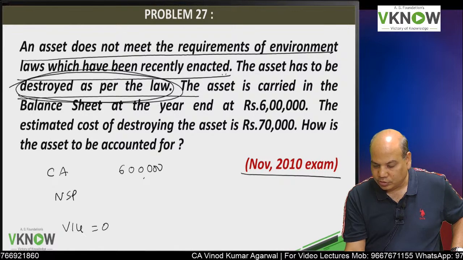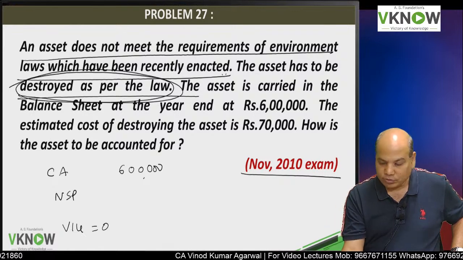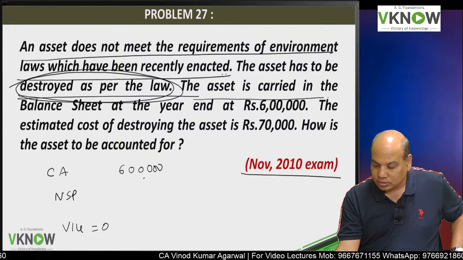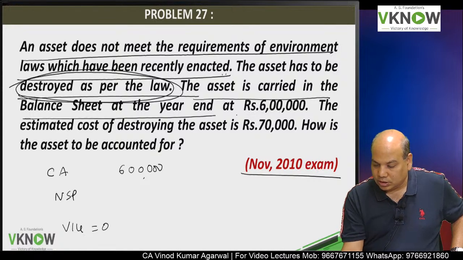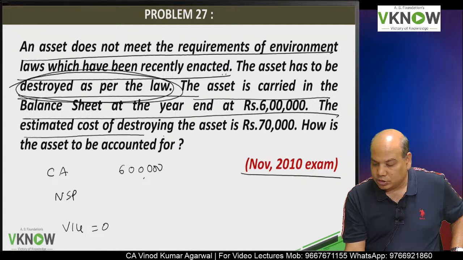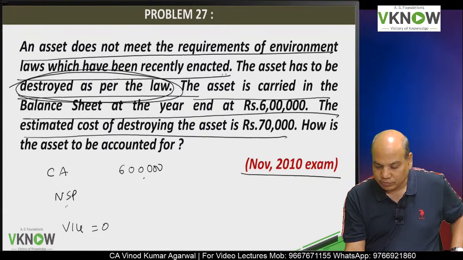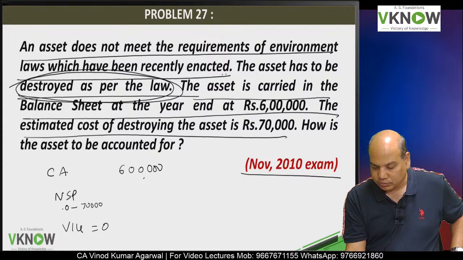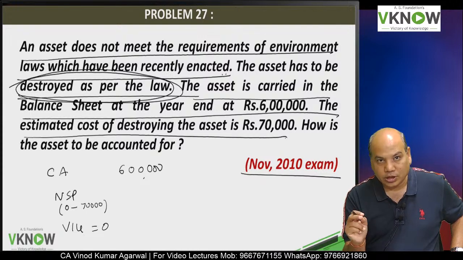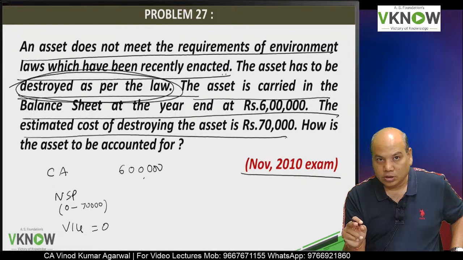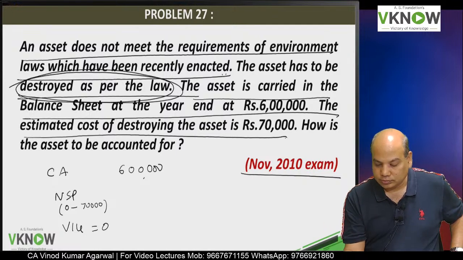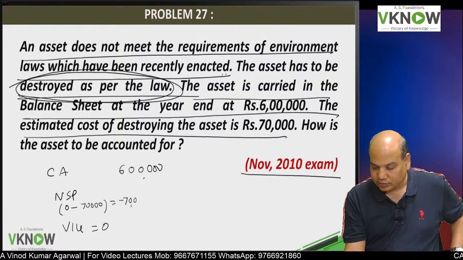Value in use will be 0, you are not going to use it, but the estimated cost of destroying the asset is 60,000. So net selling price will be 0 minus 70,000. You will not be able to sell it, but you have to incur a destroying cost, a disposal cost. So minus 70,000 is the net selling price.